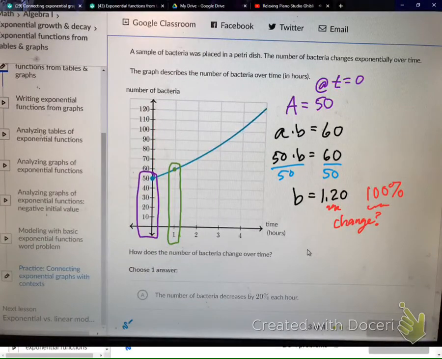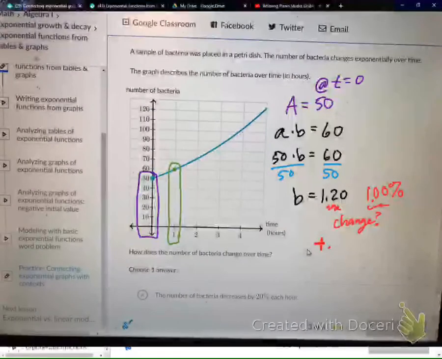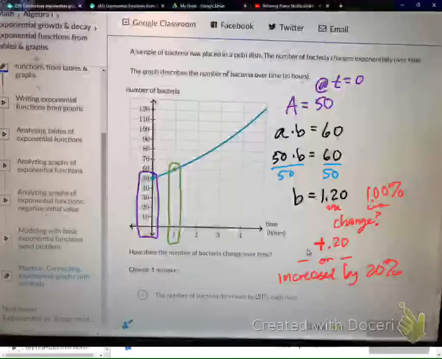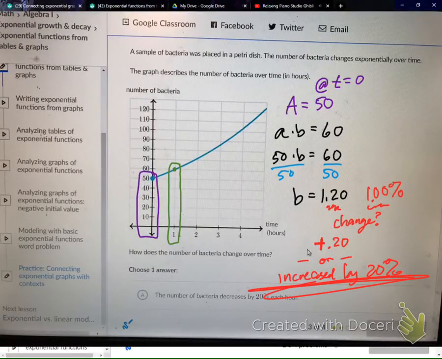To change from 100% to 1.2, or from 1.0 to 1.2, that means we increased by 0.20, or in other words, we increased by 20%. Again, I'm not really going to scroll down and look through everything here, but that does tell us the correct answer to this problem.